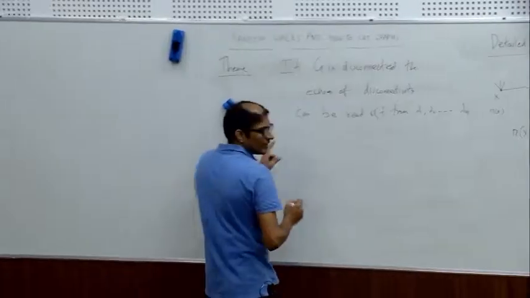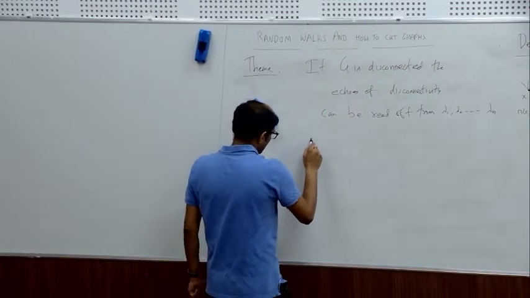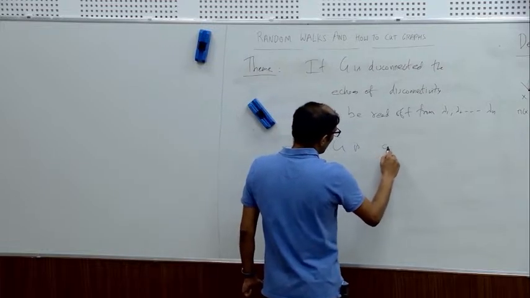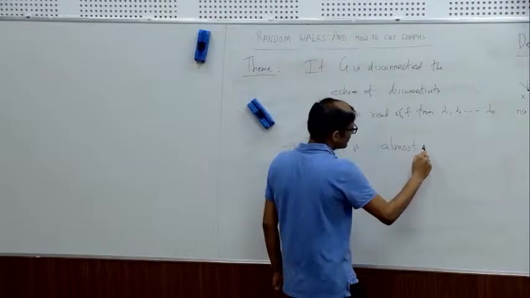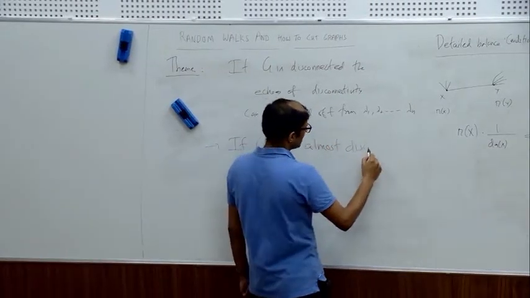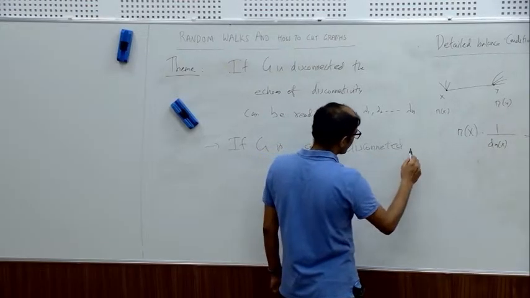The theme is to relax this requirement. The theme is to say that if G is almost disconnected, then the second eigenvalue is almost 0. Even that can be read off from the spectrum.